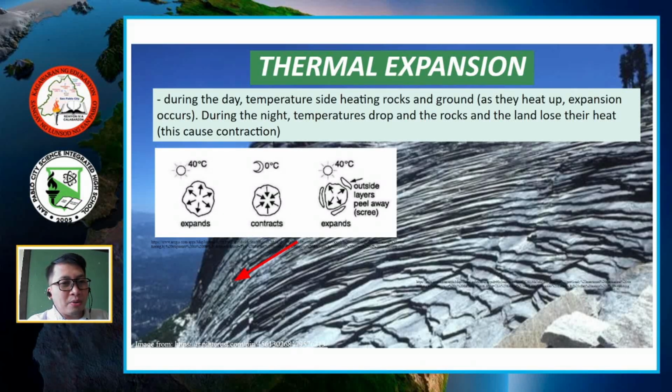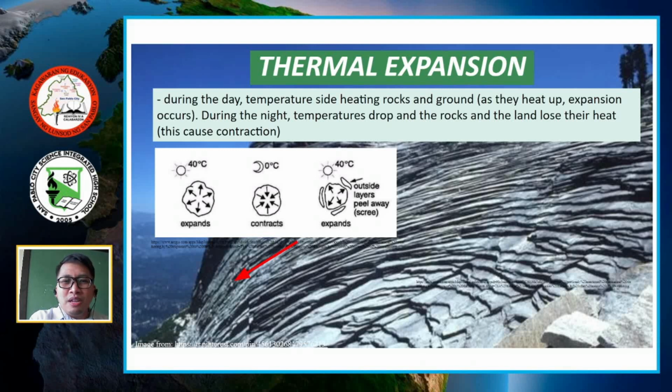Tingnan natin yung unang illustration. So, ang temperature is 40 Celsius. Dun sa ating 40 Celsius, ang tendency nung mga molecules ng rocks ay mag-expand. During the night naman, we have 0 Celsius, ibig sabihin napakalamig. Ang tendency naman ng rocks ay mag-contract.